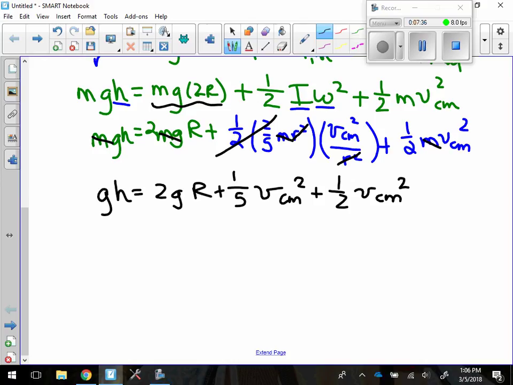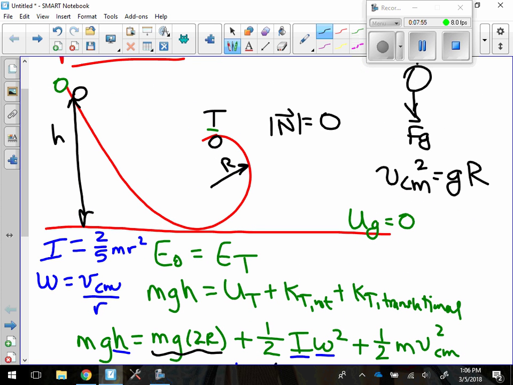What did we figure out when we applied Newton's second law? What did I write, though? That's not what I wrote, though. What did I write? The V center of mass squared was equal to GR.